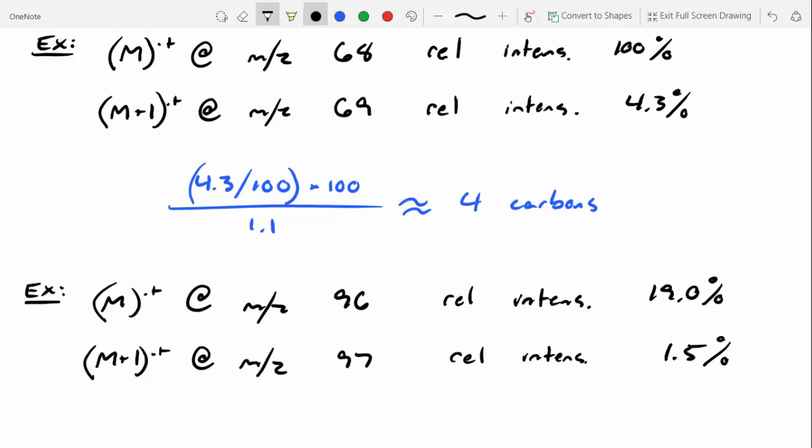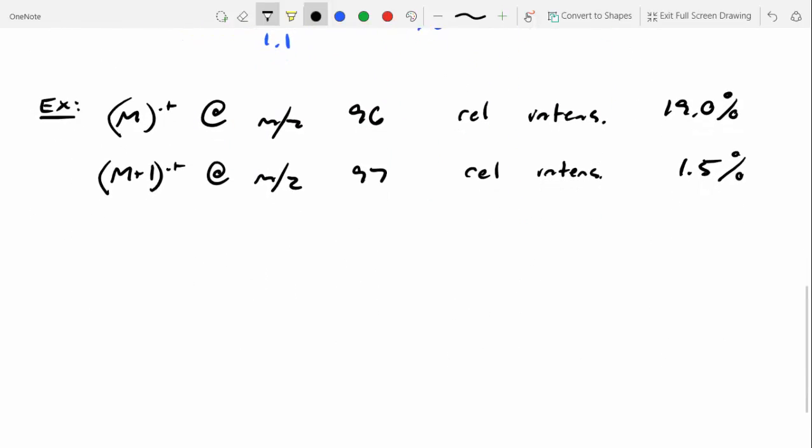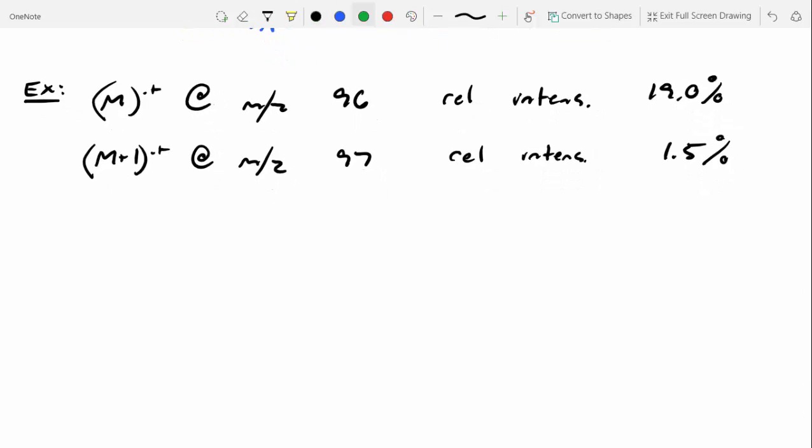How many carbons do we have in this sample? Okay, so we do 1.5 divided by 19.0 times 100 divided by 1.1.